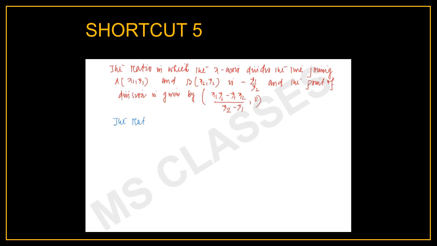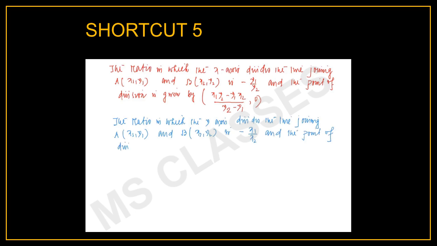The ratio in which the y-axis divides the line joining A (x1, y1) and B (x2, y2) is minus x1 by x2, and the point of division is given by 0 comma (x1 y2 minus y1 x2) by (x1 minus x2).